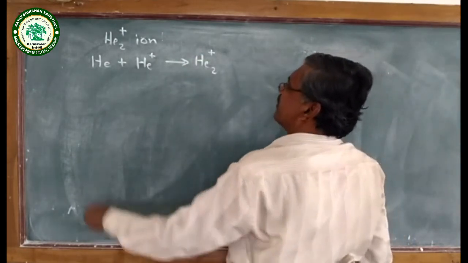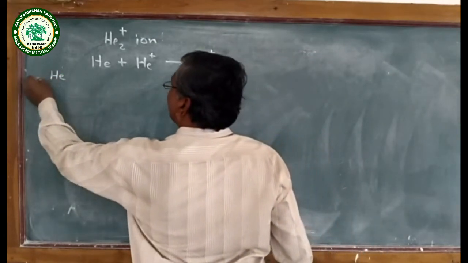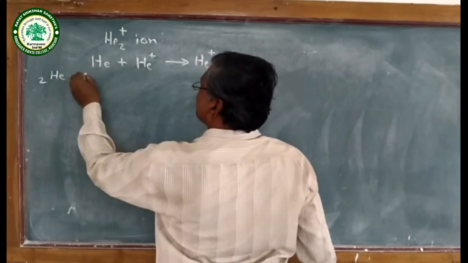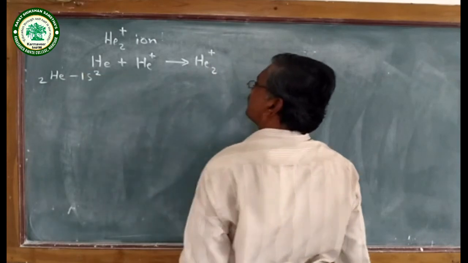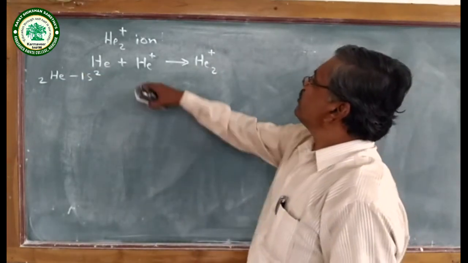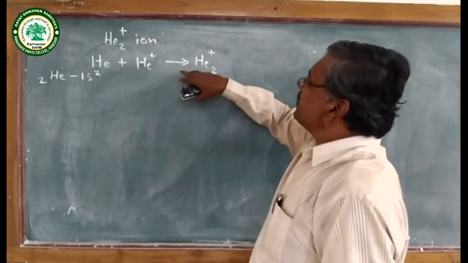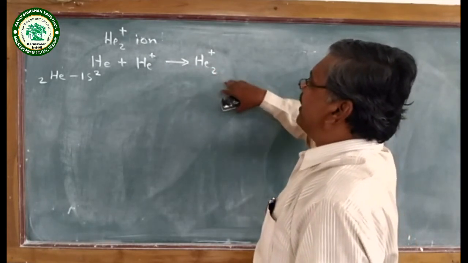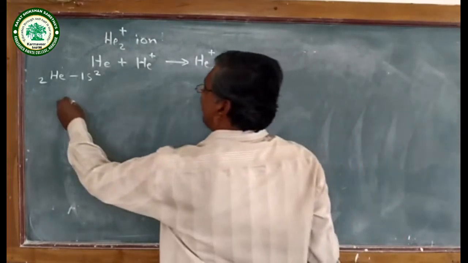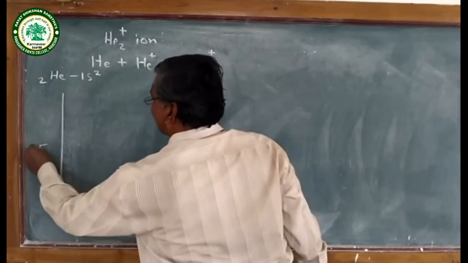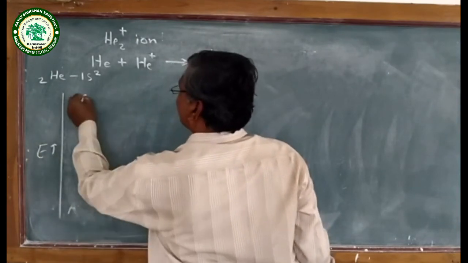Helium atomic number 2, configuration is 1s2. So in the He2 plus ion, there are 3 electrons present in this system, and hence the MO energy level diagram can be shown in this way.